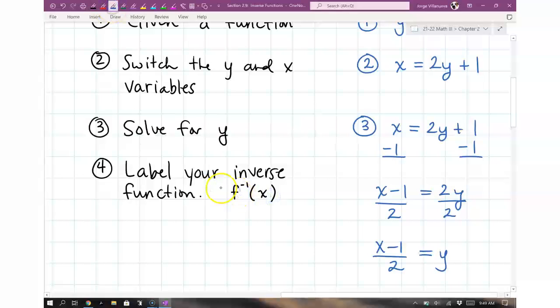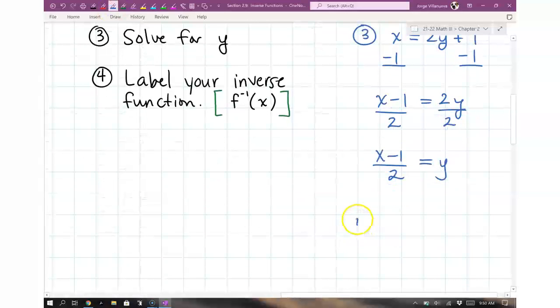Okay, that weird little power up there. The green thing is just to separate it so you can see. You're not going to put that green bracket around it. So step 4 looks like this. f inverse of x is equal to (x minus 1) over 2. And that's your answer.